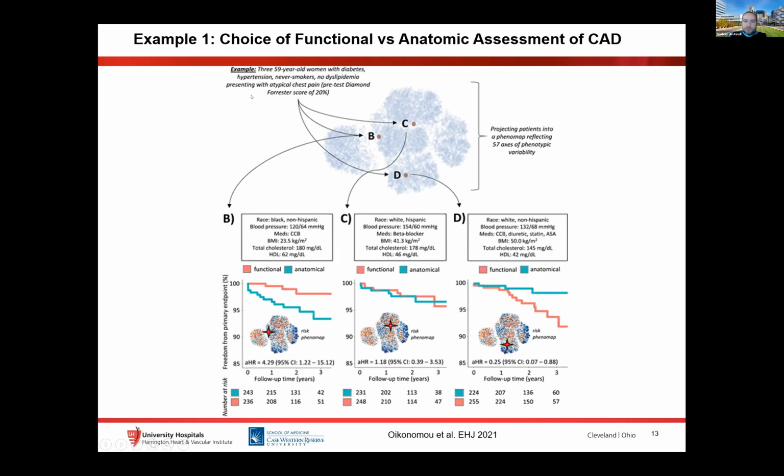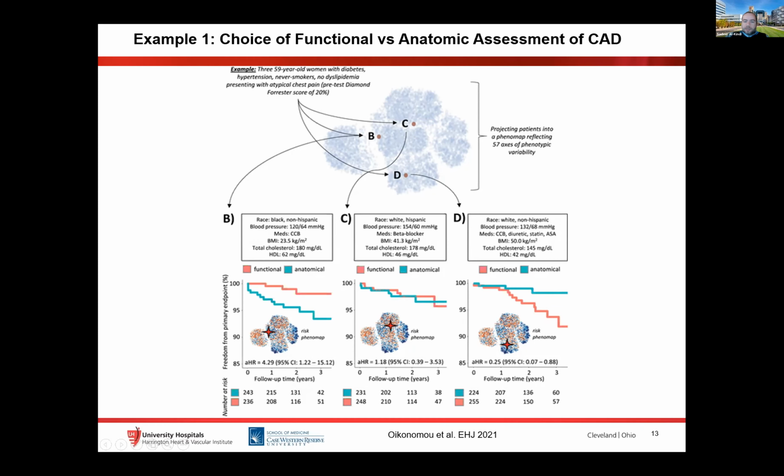And it turns out, although these patients seemingly look the same, this patient population specifically did better with a functional study, as you can see from the freedom from major cardiovascular events, compared with an anatomic study. While the patient in C didn't do any better with either study, and the patient in D did better with an anatomic study.